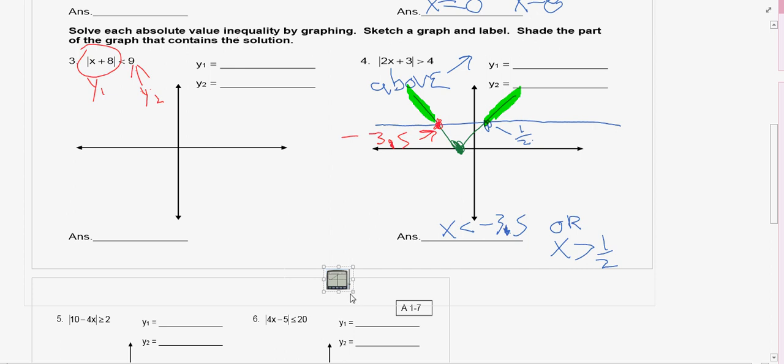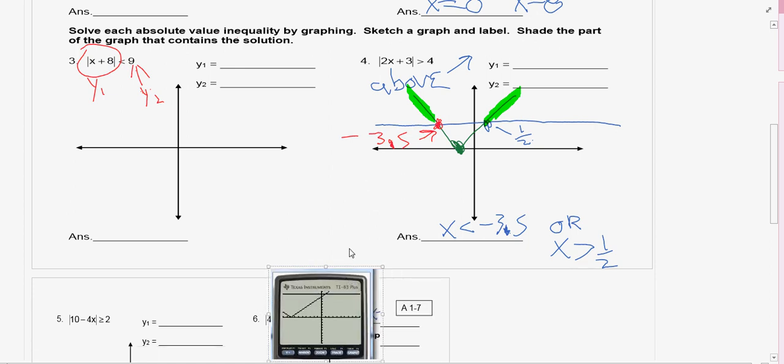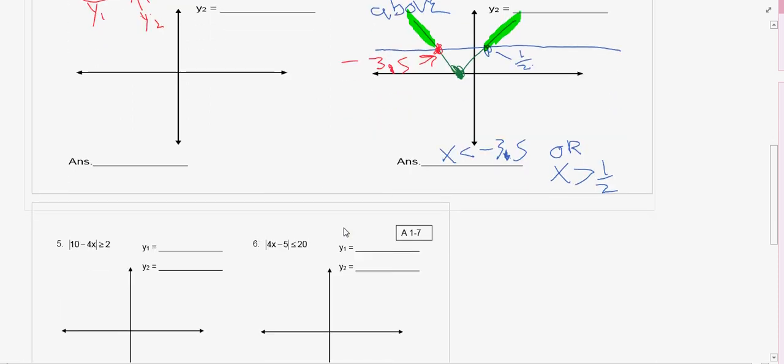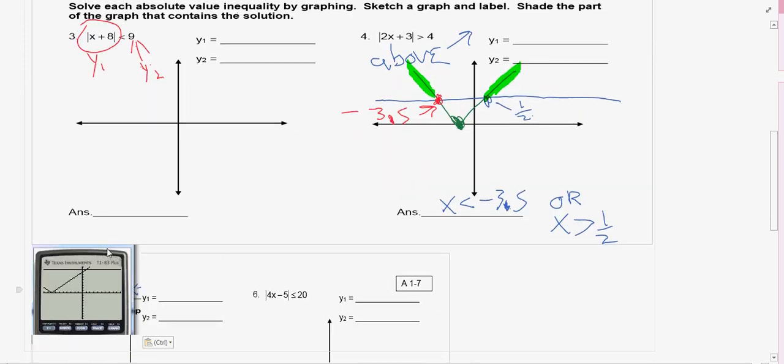What in the world? Let's try that again. Huh. Oh well. I guess we can see that down there. Anyway, we can't see that so well, so we're going to zoom out a little bit.